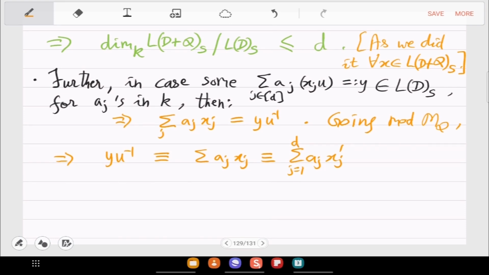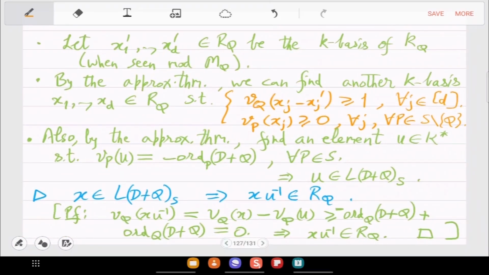We'll now use that property. So this, right, x_j and x_j prime were equal mod m_q, so I get this. And yes, x_j prime was also a basis. So this x1 to xd was a basis mod m_q, so x1 prime to xd prime is also a basis.